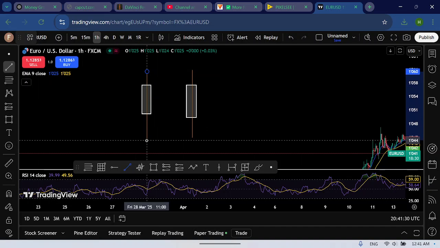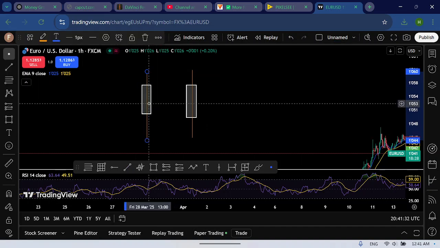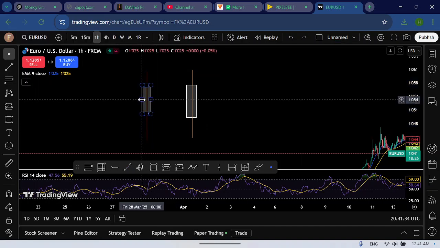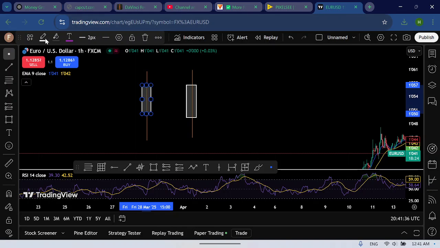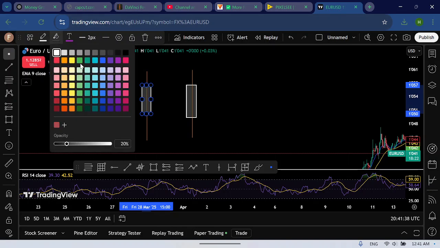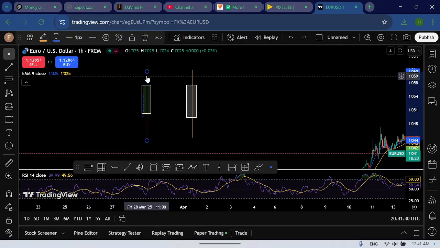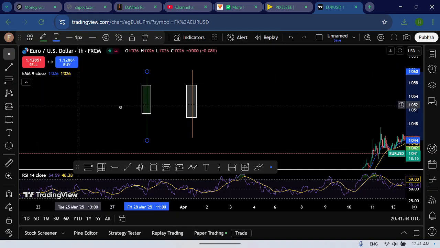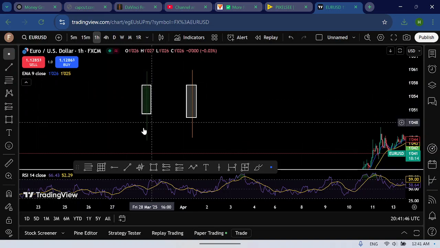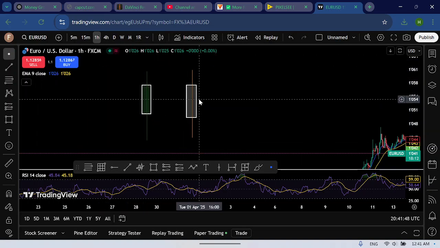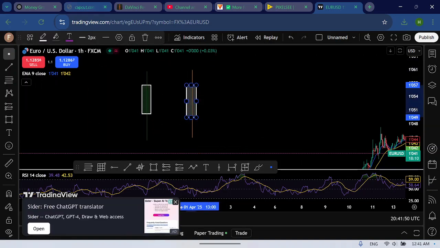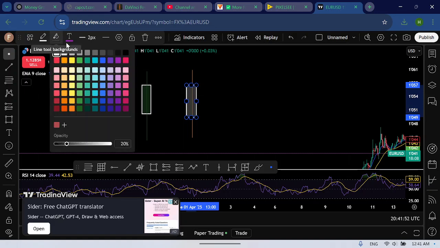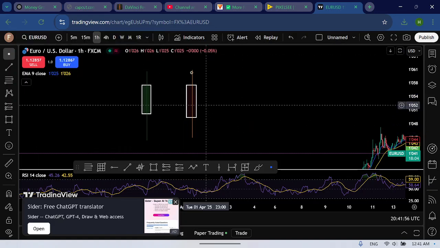And I'm gonna color this line to a green line. Okay, so this is a green candle, it's just an example, so please bear with me. And this is a red candle.